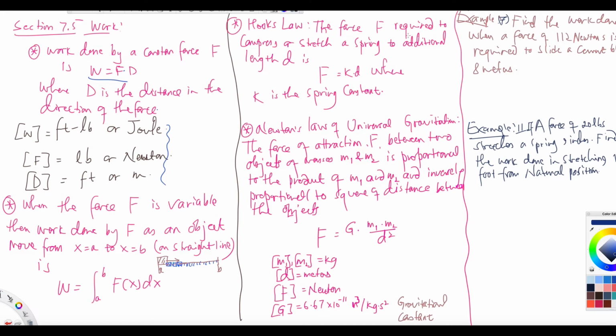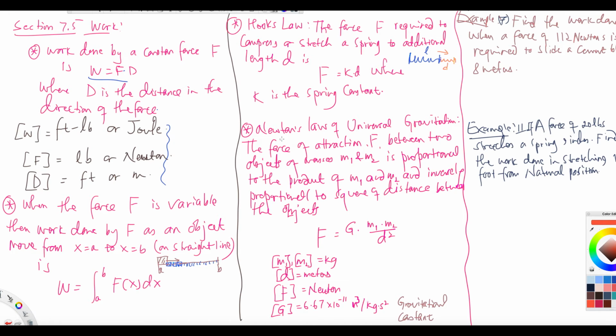The force F required to compress or stretch a spring to an additional length D is F equals K times D. Suppose you have a spring, and the original length may be L. The force you need to stretch the additional distance D is always proportional to the length of that additional stretch. That is, F is proportional to D.